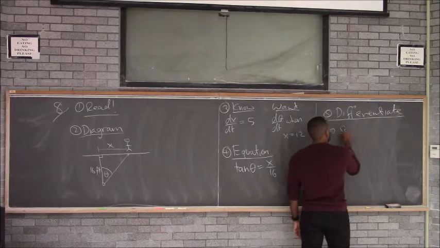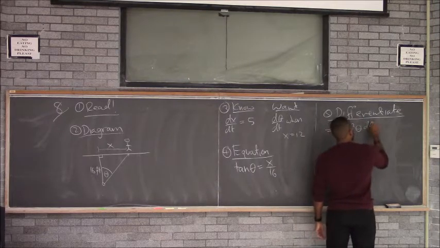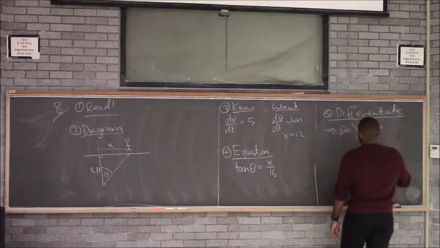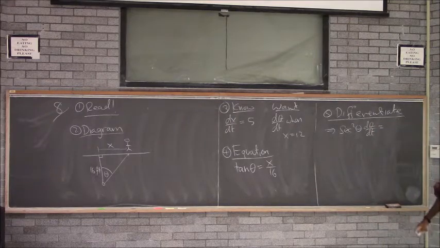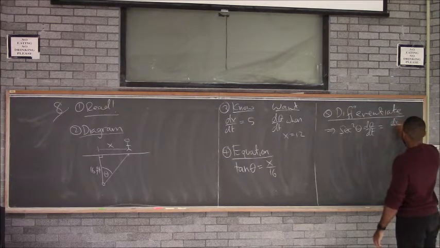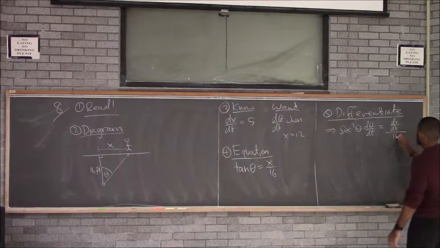So this gives us secant squared theta d theta/dt equal to 1 over 16 dx/dt. Yes, dx/dt over 16.